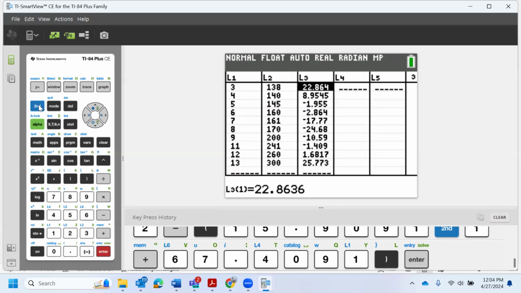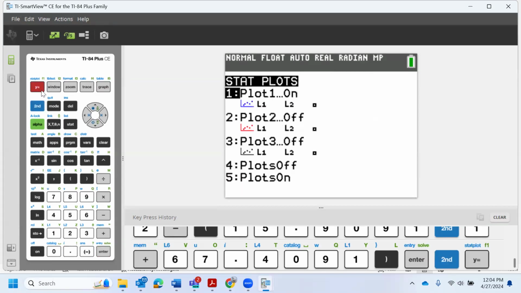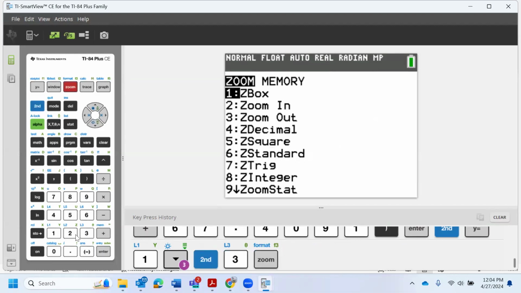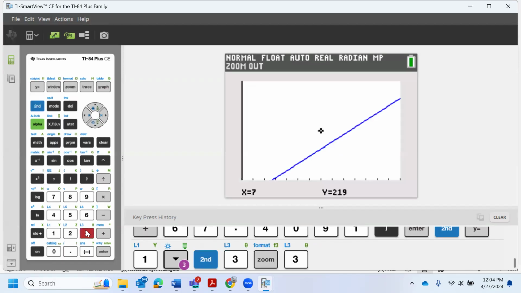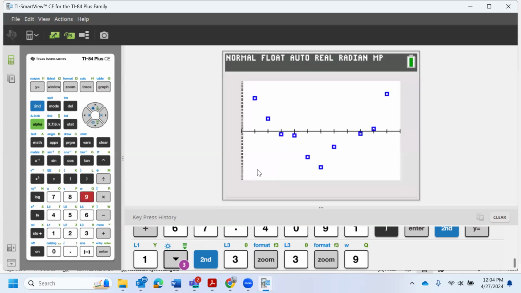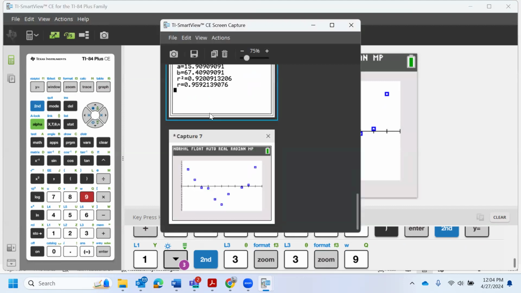If I go to the residual plot, second y equals, plot 1, second 3, zoom 9, we have what we call a clear pattern here.